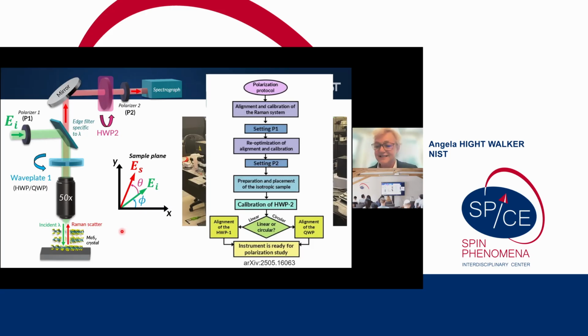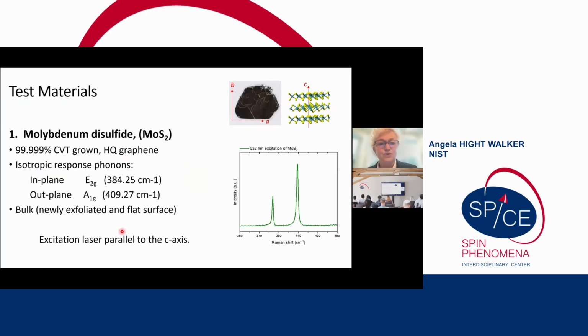So again, there's this protocol. It's on the arXiv, and we're finishing up responses to reviewers. So we've selected a few different test materials. Ideally, when you select a test material, you want something that's readily available, that everyone can buy, with good reproducibility and things like that. So molybdenum disulfide is a great sample for two reasons. It has two beautiful phonons of different symmetry within a very small window.